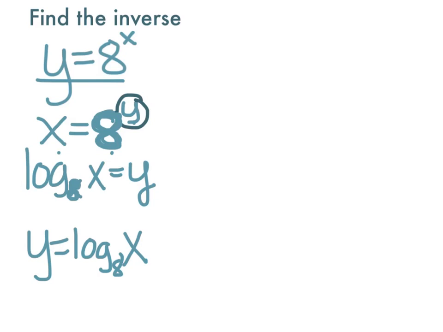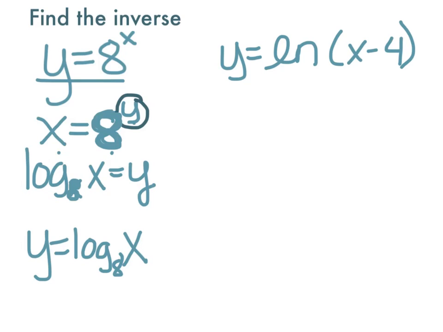Or let's find the inverse of y equals the natural log of x minus 4. I don't know why, but I like to use the cursive L on my natural log, maybe so it doesn't look like a 1. All right, what I'm going to do is imagine this little e here. Let's rewrite this. X equals the natural log of y minus 4.